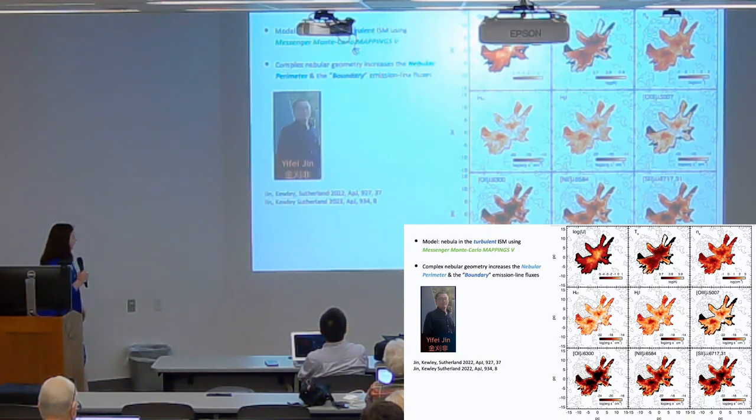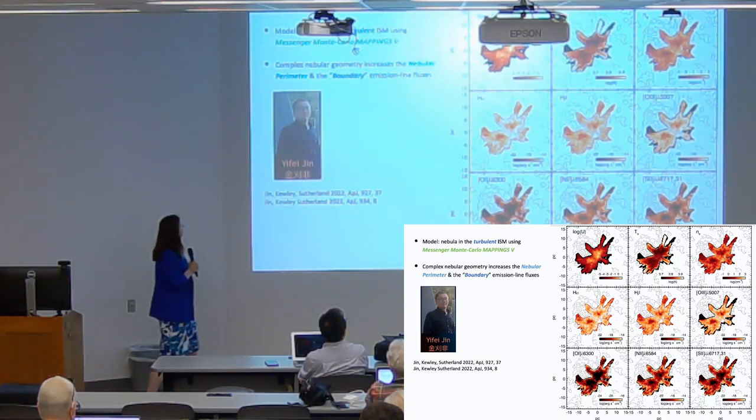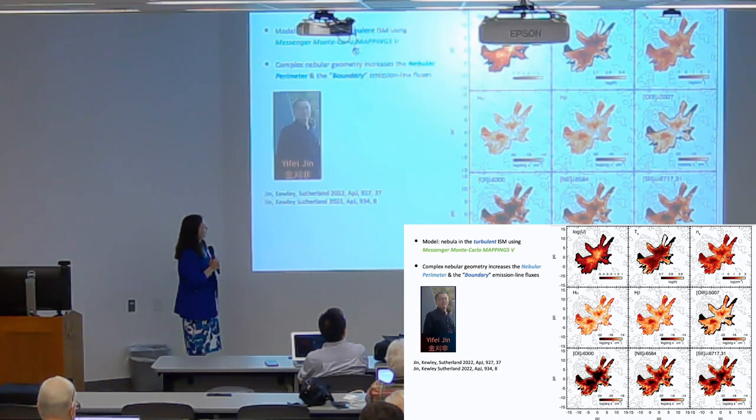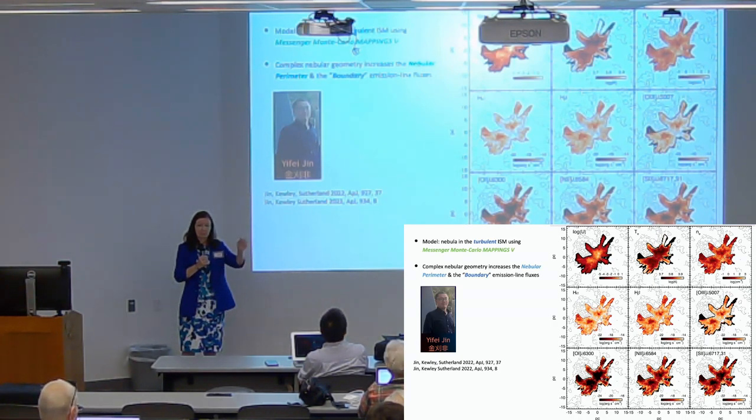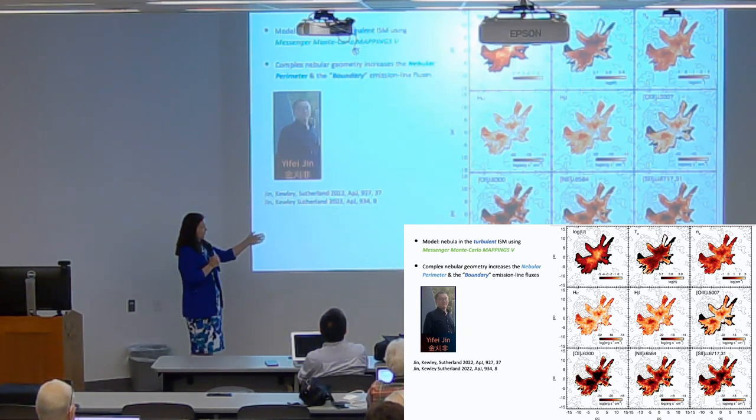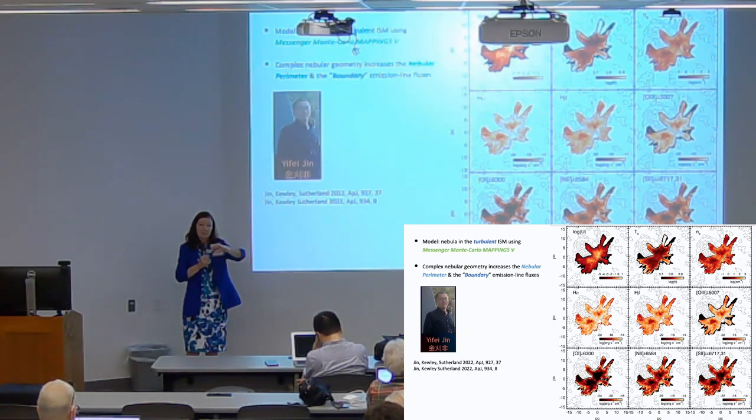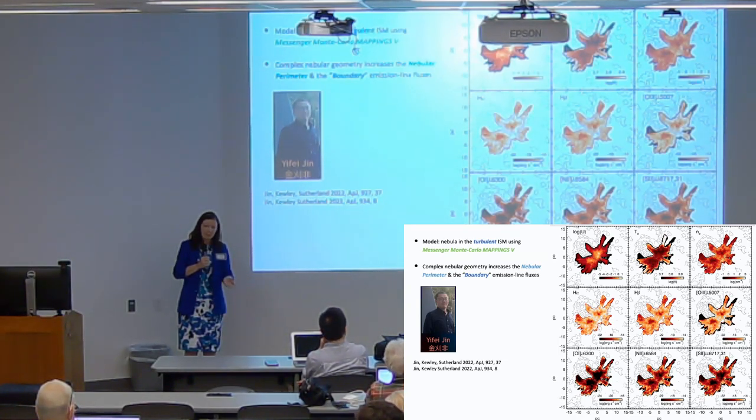And this is another nebula that we modelled, and this one we're specifically looking at a boundary line. So the bottom panel here, the oxygen 1 line and the sulfur 2 lines in particular are produced in the edge of the nebula in a sort of a partially ionized zone. And so in these type of models in a fractal geometry, you actually see that these are produced in a very extended zone all around the edge of the nebula.